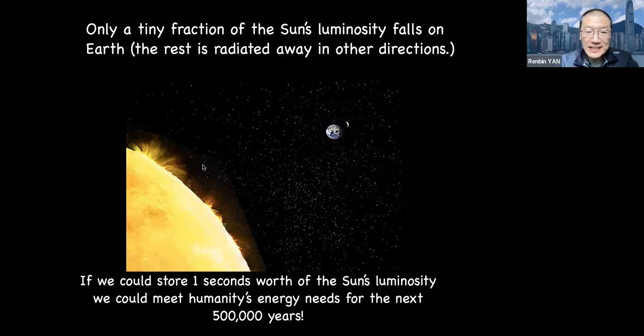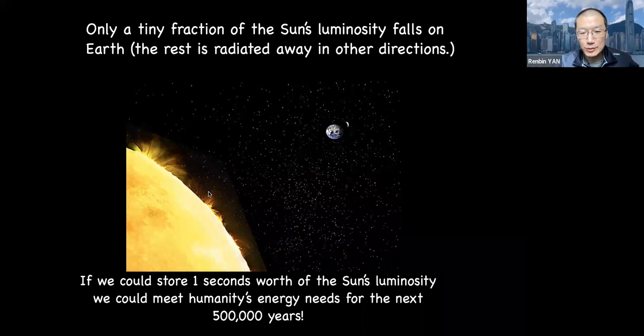We only get a tiny fraction of that energy because we're so far away from the sun, and the sun's luminosity is radiated in all directions, right? Not only in the direction towards the Earth, but also towards the empty space out there. Every direction gets the same amount of energy, and our Earth covers only a tiny fraction of the sky.